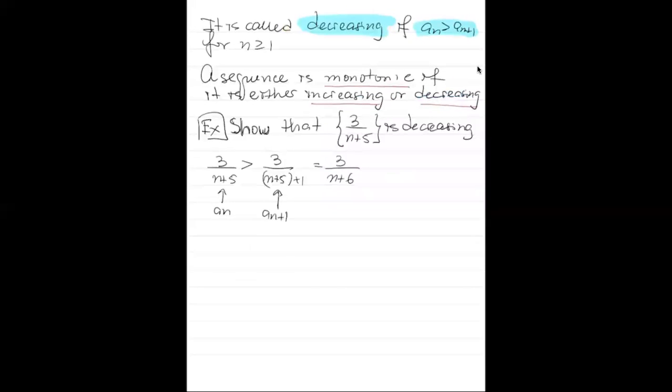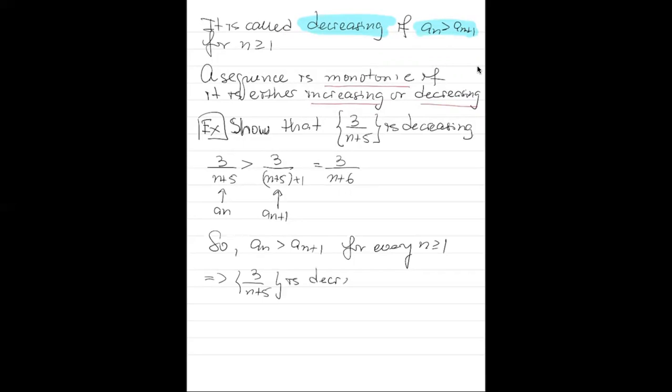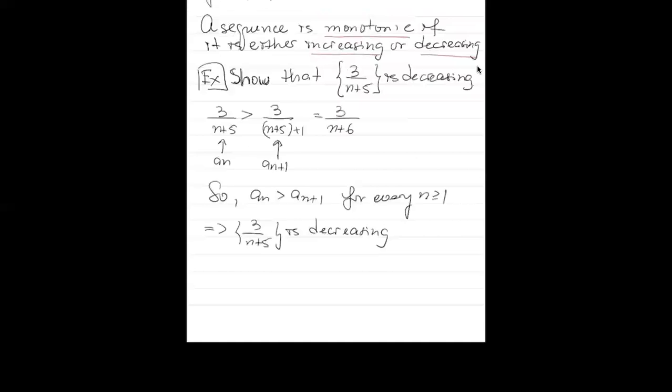So for two consecutive elements, the nth element is greater than the n plus 1 element for every n greater or equal than 1. Therefore, our sequence is decreasing. So use the definition, just compare two consecutive elements.